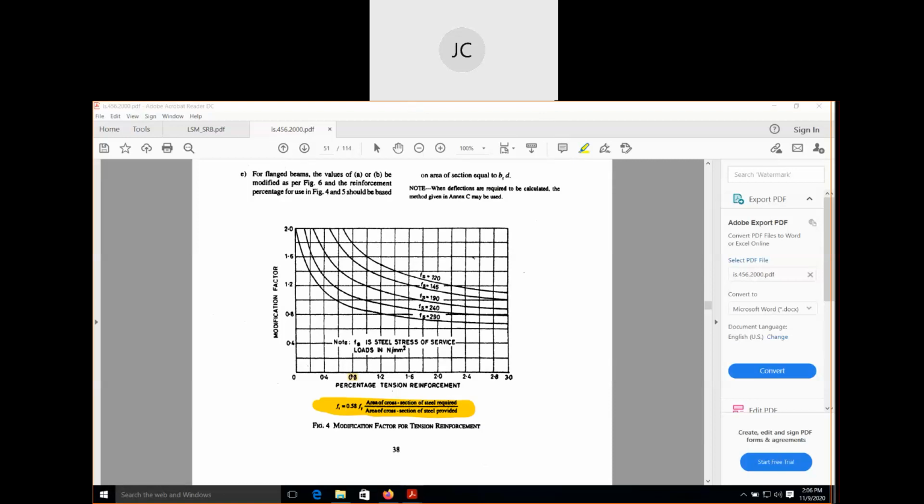So you see this line between 190 and 240. You will get one value here, somewhere here. The 190 line is this one, the 240 line is this one. So between 190 and 240 we need to find out Fs equal to 212. By interpolation you will get the value somewhere here, around 1.1 or 1.2.